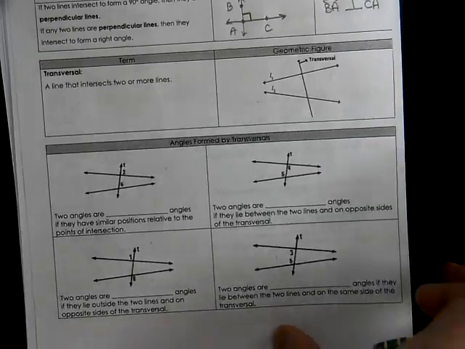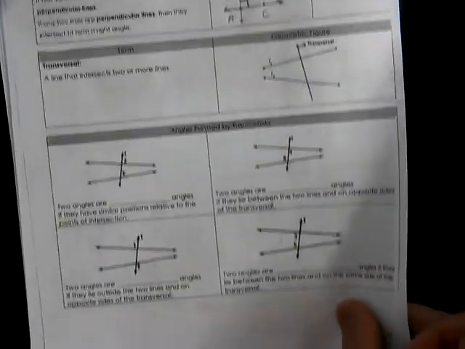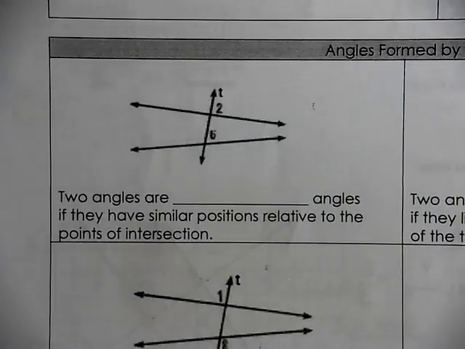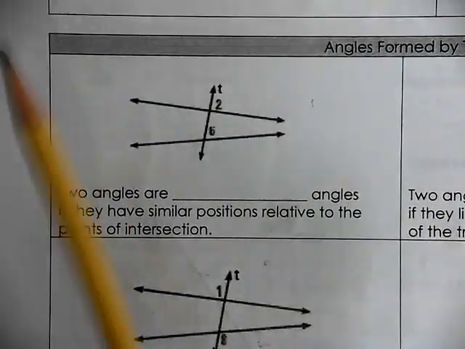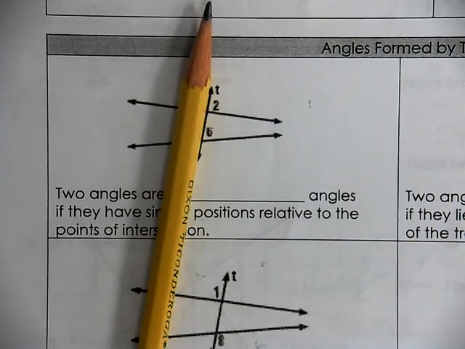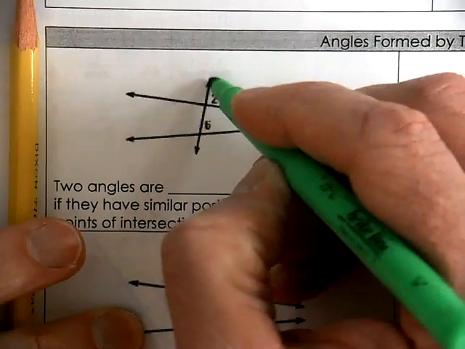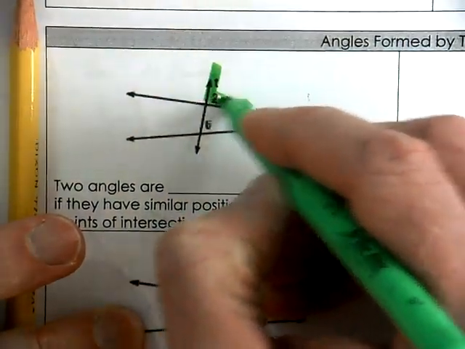And we're going to name several of those angles. Let's take a look at what we have here. Look at our line that crosses. Look where those angles are located. We have this angle up here.